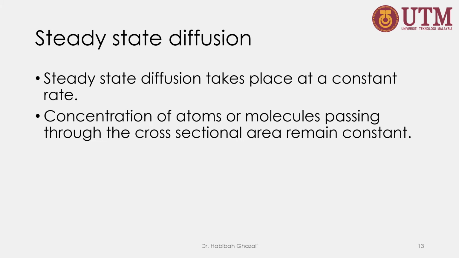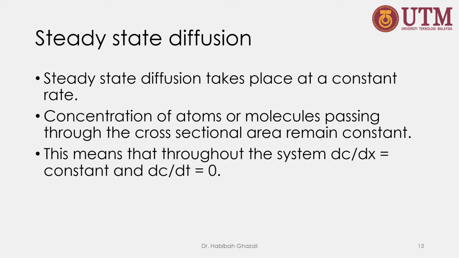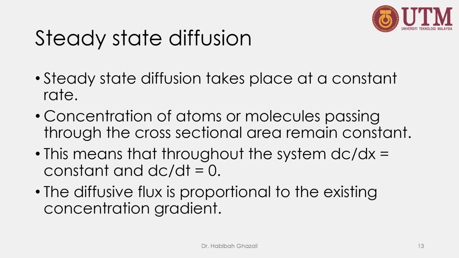So steady-state diffusion is a situation where the rate of diffusion into the system is equal to the rate of diffusion out of the system, such that there is no net accumulation or depletion of the diffusing species. So in this case, the flux is independent of time. The diffusive flux, the number of atoms crossing per unit area, is proportional to the existing concentration gradient.